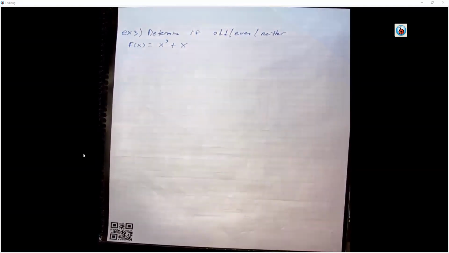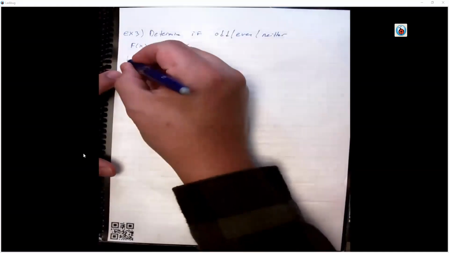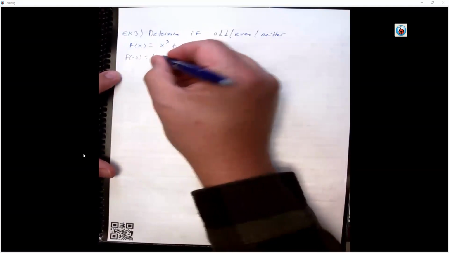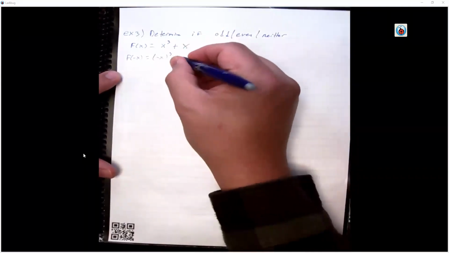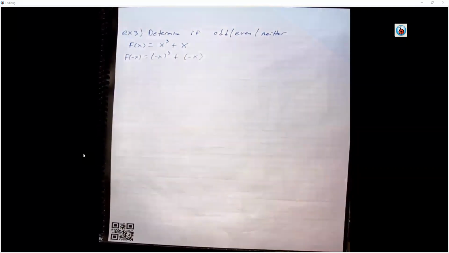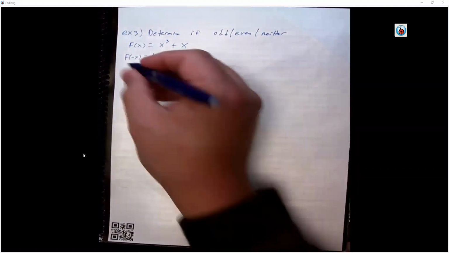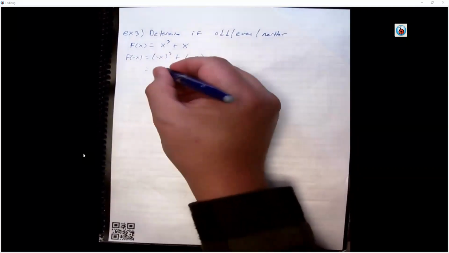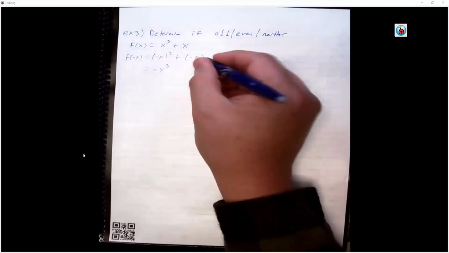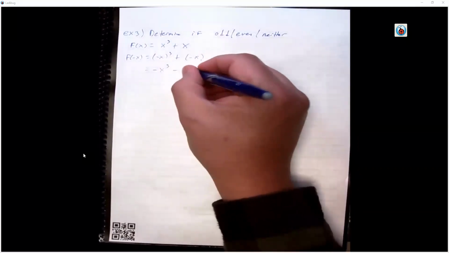Yes. Yeah, you're gonna plug in the negative x to test it. Is that what you asked? Yeah, plug it in. Negative x cubed plus negative x. Since it's odd, it's going to stay negative, right? It's going to become negative. You're going to get negative x cubed plus negative, which is just the same as minus x.